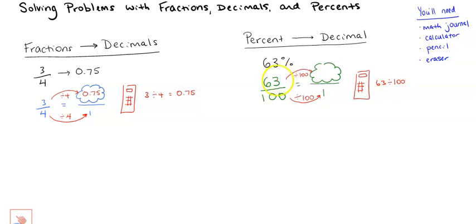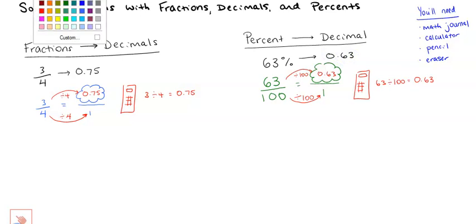And again, it's the numerator divided by the denominator, and that's going to give me my decimal. So it's actually the same method we used for this fraction. We're going to use the same thing for a percentage. So 63% is 0.63 as a decimal.